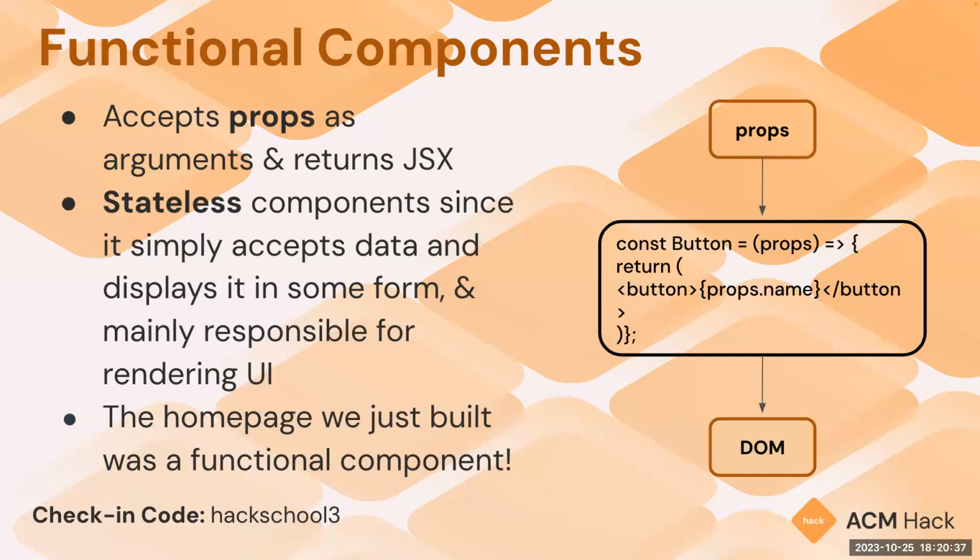For example, in this example on the right, you have props, which you can just think of as data that the component will accept for now, and we'll cover props in more detail a little later. In this example, we just have a button component that takes in props, like the name for the button that will display on the button, and then it'll pass it into the DOM, which is what makes up a website from the back.